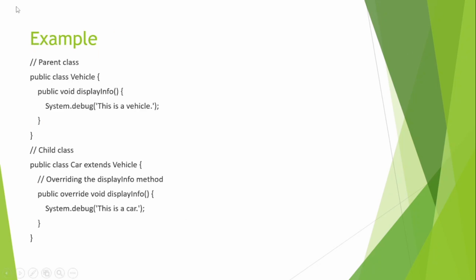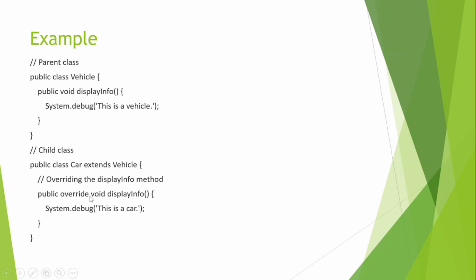Let's see an example. Here the parent class is Vehicle, and displayInfo has a System.debug saying 'This is a vehicle'. The child class Car extends from Vehicle, overriding the displayInfo method.